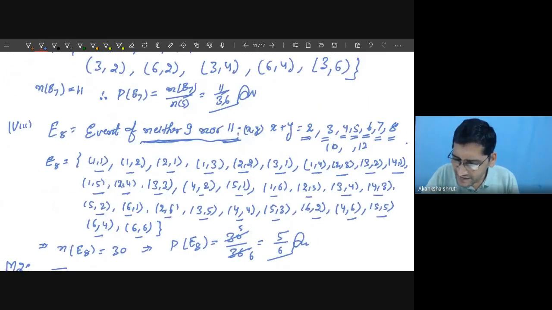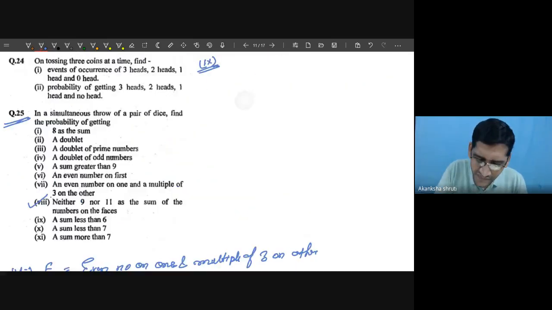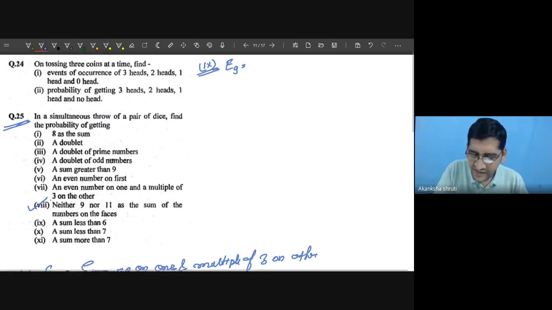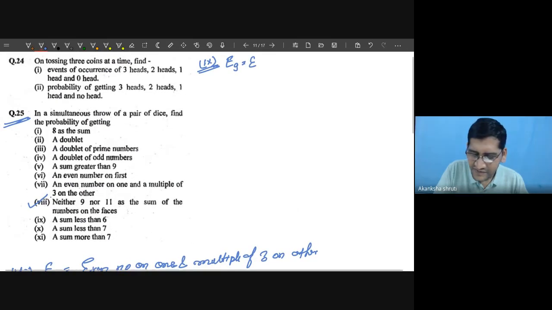Sum less than 6 means up to this much. Let me rewrite it. Event 9, of sum less than 6.